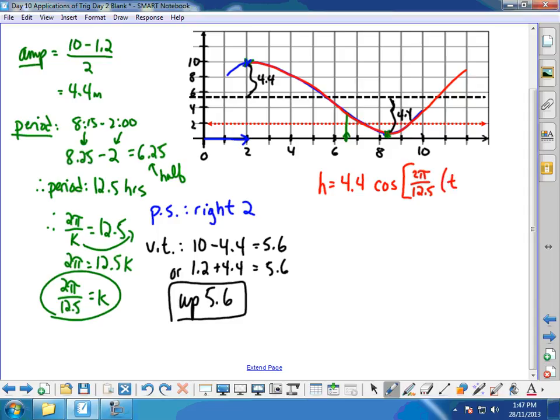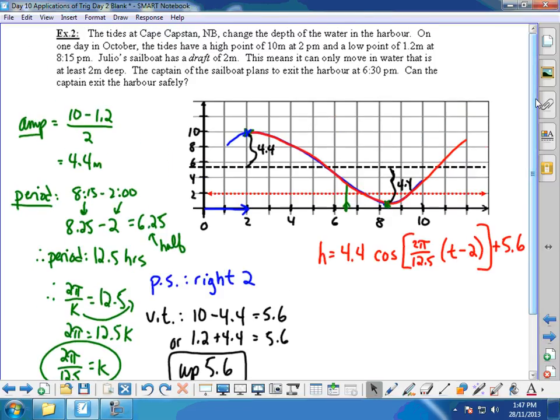It moves right 2, so minus 2. Vertical translation of up 5.6. So that represents our tide curve. And now we can go off and answer the question.